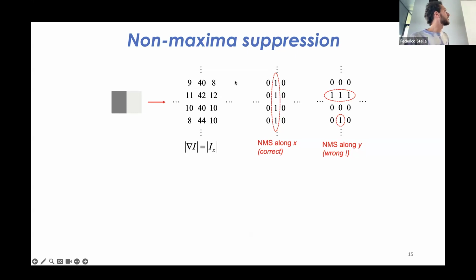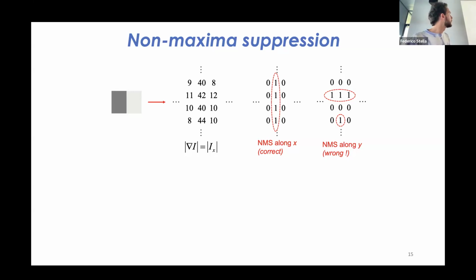If we already know the axis, it's very easy. We take this row, we take 9, 48, and maybe a few more values on the left and a few more values on the right. Then we take the local maximum of them to get the actual edge, and we discard the rest. But the problem is we do not know the axis beforehand.